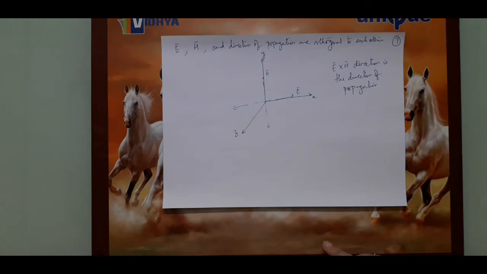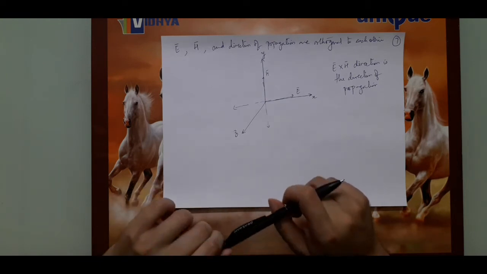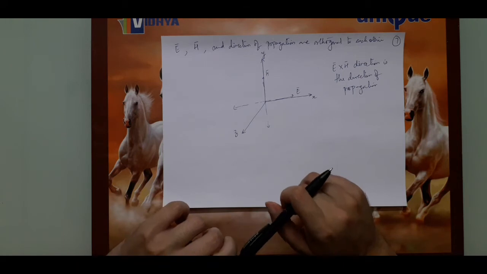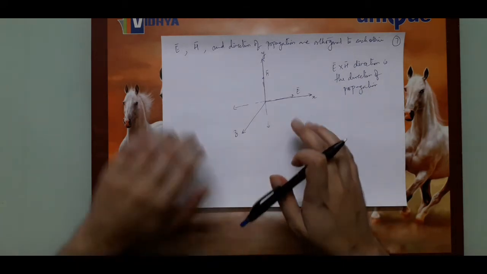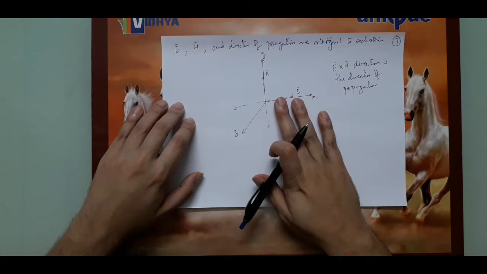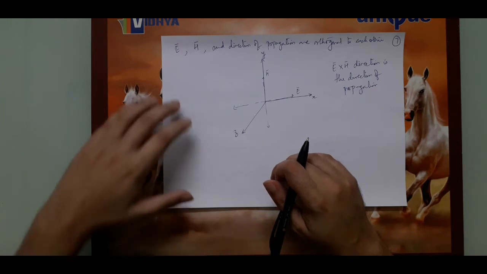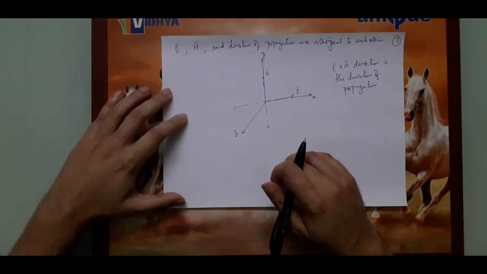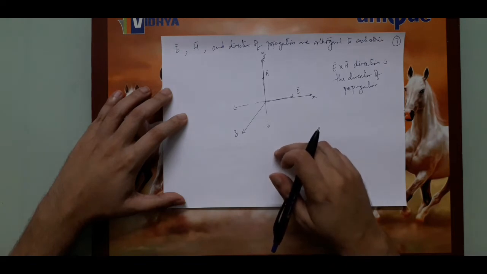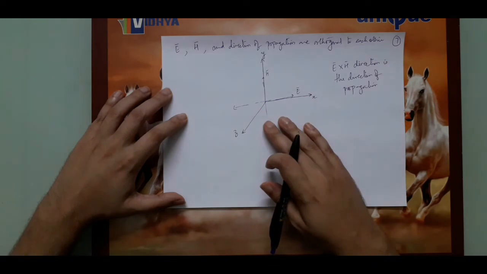Now let us say that I have a medium which need not be a perfect dielectric nor a perfect conductor, but in general the fields do exist in the medium. Now let us try to see how the fields exist and how the wave is propagating.